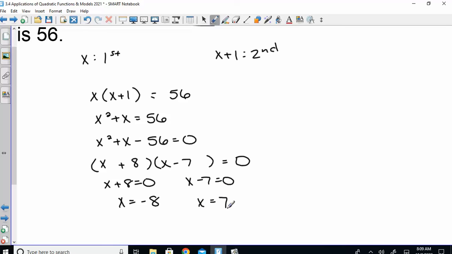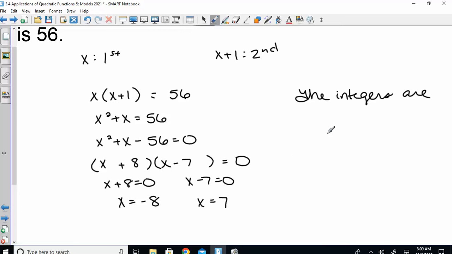All right, how do I want you to answer a word problem? With a sentence. Okay, so does it mean that my two consecutive integers are negative 8 and positive 7? No, those aren't consecutive.